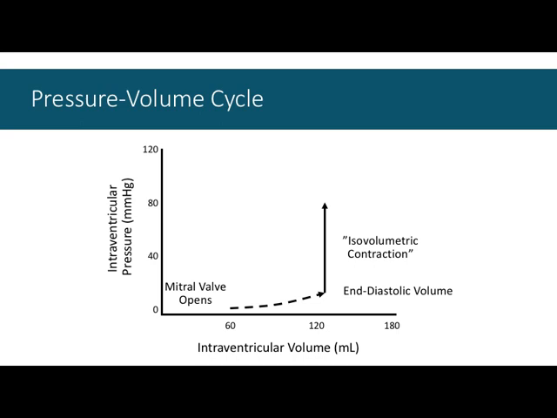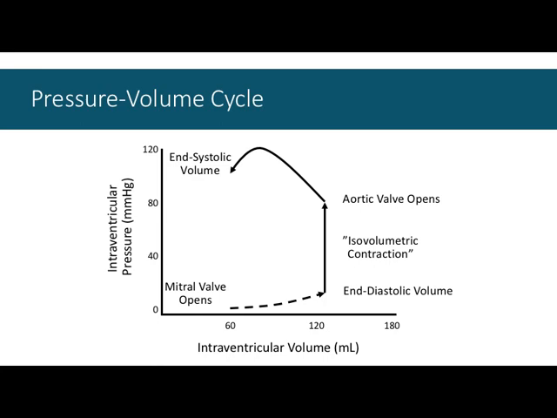Pressure in the ventricle increases to a point where it supersedes the pressure in the aorta. At that point, simply by the difference in pressure, or the gradient that we're establishing, the aortic valve opens, and as soon as that occurs, blood starts to pour out. So the volume starts to decrease.